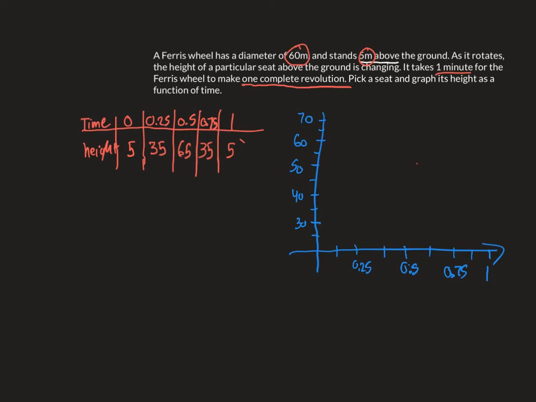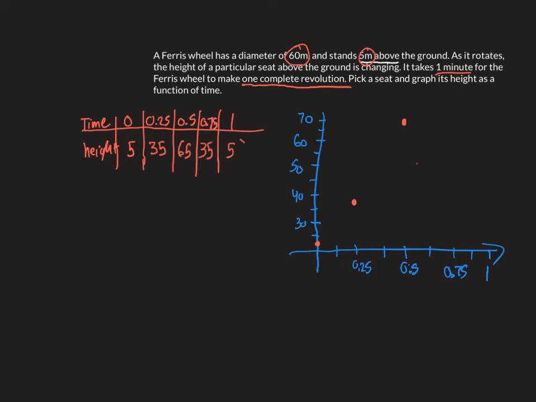5 is going to be about here. You don't have to be ultra specific here. At 0.25, I'm going to be at 35, which is going to be a little bit higher than this. Oops, not there, right here. Okay, and then we're going to be at 65, a little bit taller than this, yep.